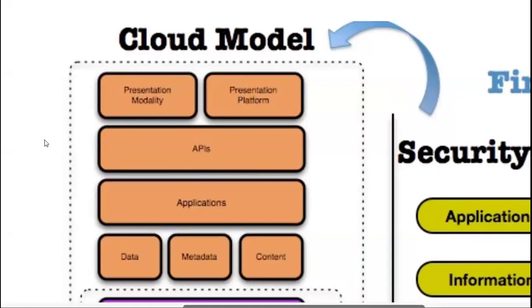Now, focusing on this upper part in orange, where we have data, metadata, and the content, which has the application layer and API layer, and then the presentation platform, like which type of data is there. This entire orange part is related to the last thing, that is software as a service.